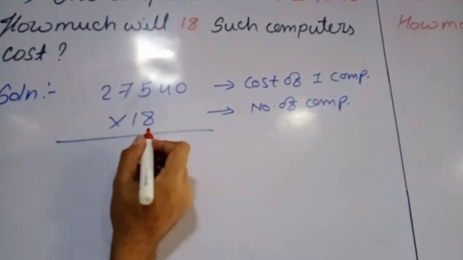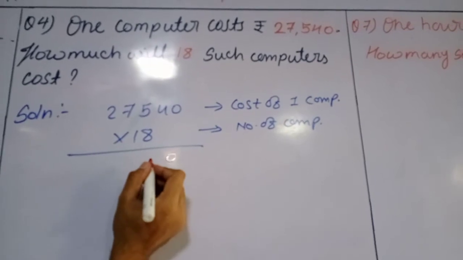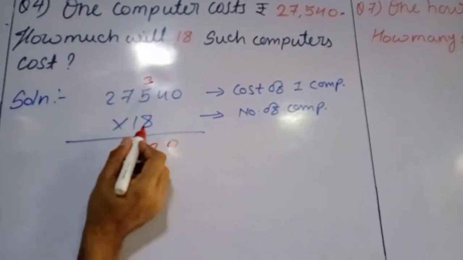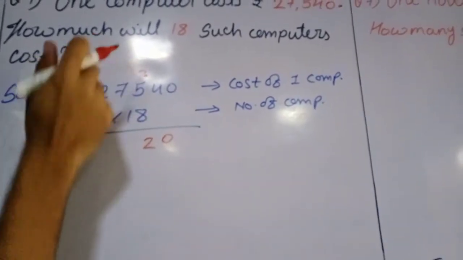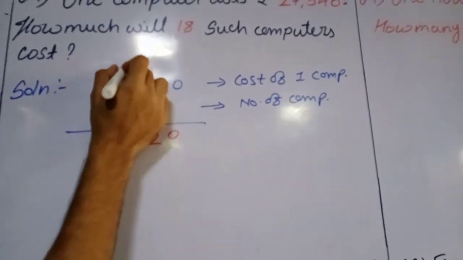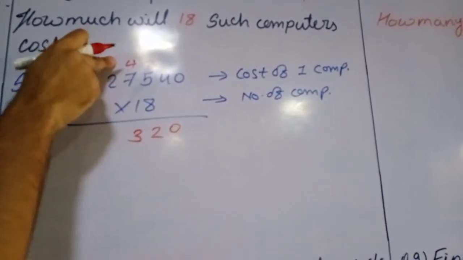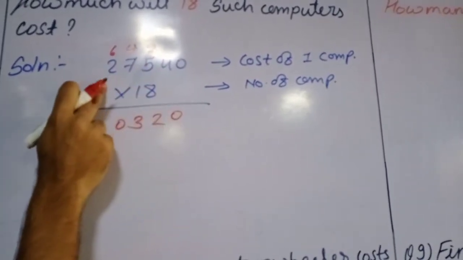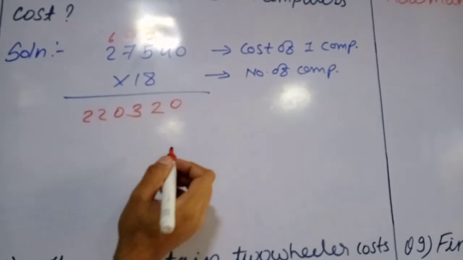We have to start with the 8 of 18. 8 zeros are 0. 8 fours are 32. 2 will be here and 3 carry. 8 fives are 40 plus 3, 43. 4 carry. 8 sevens are 56 plus 4, 60. 6 carry. 8 twos are 16 plus 6, that is 22.